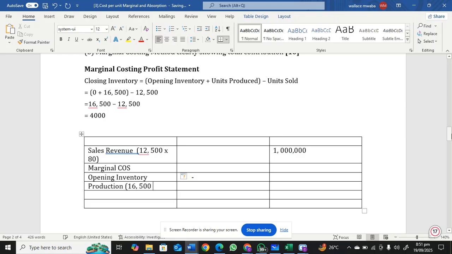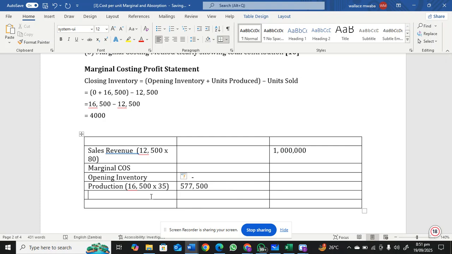And each unit is valued at 35 kwacha. 16,500 times 35 kwacha, you get 577,500. That's the production cost.